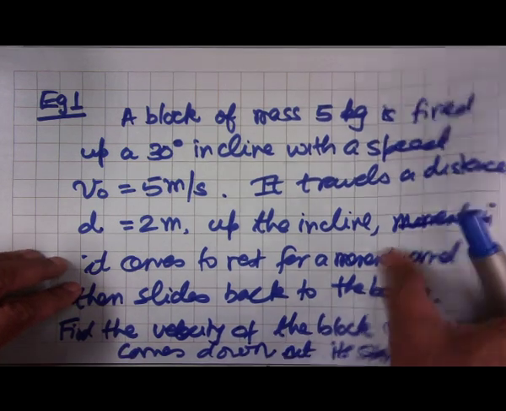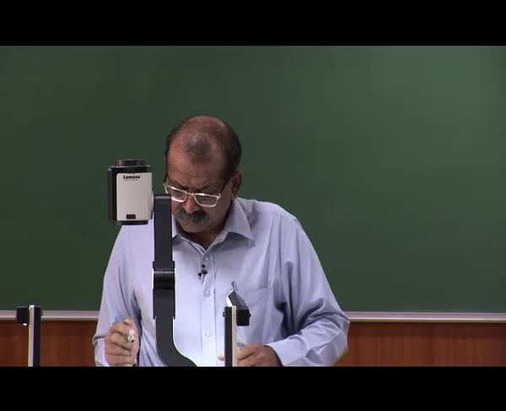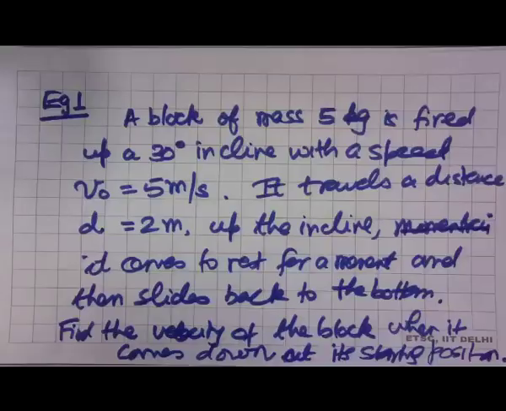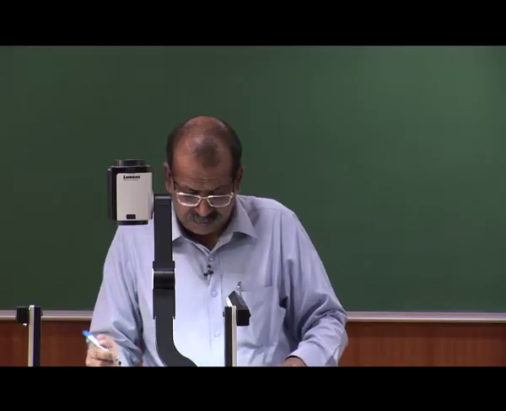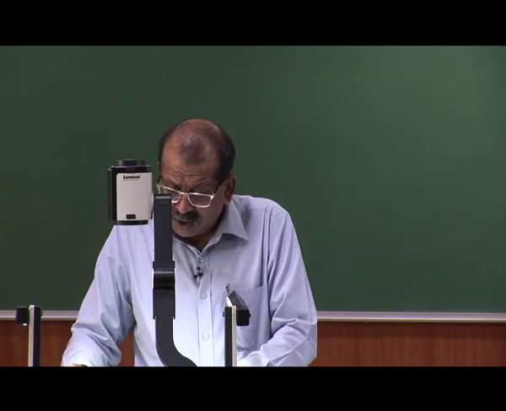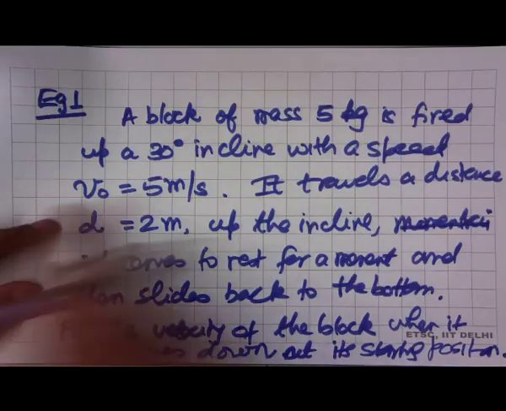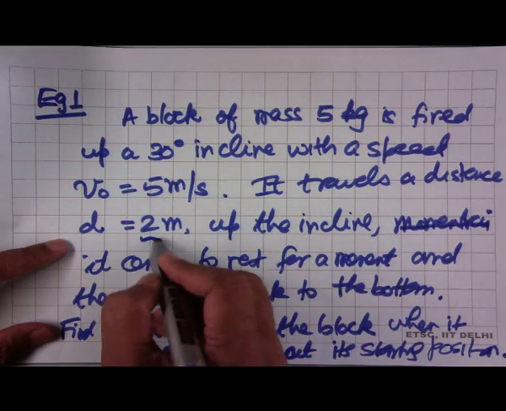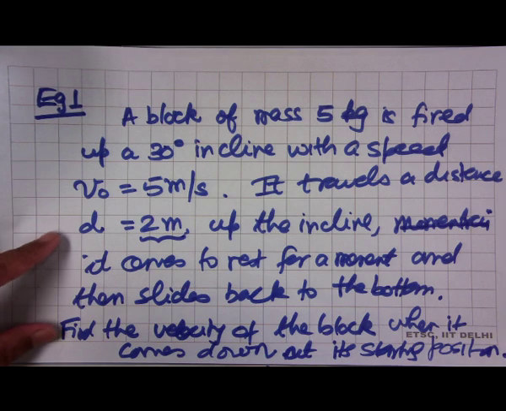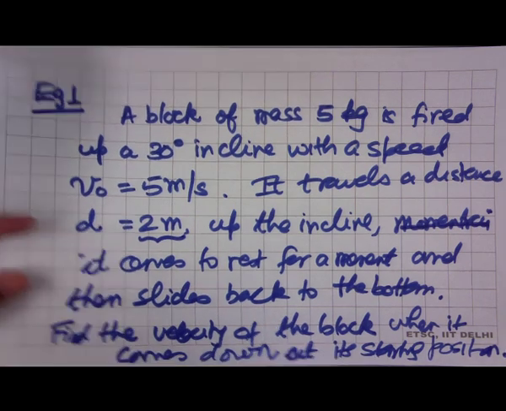Now, here one thing what is given to us is since the block is starting with this thing, it travels only a distance up to 2 meters and then it starts to come down.